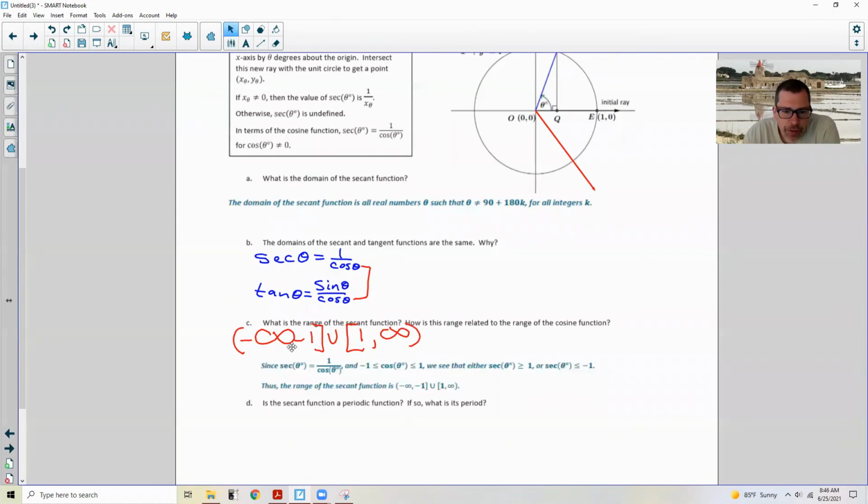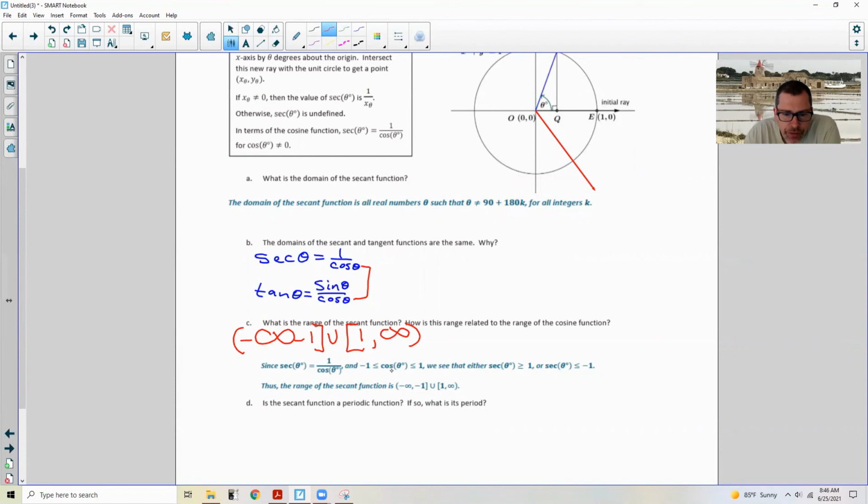Okay, I don't think I was really clear on my description there, so I brought this in. Since secant theta is 1 over cosine theta, and the cosine of theta is between -1 and 1 in the unit circle, if cosine theta is a half, and you take its reciprocal, secant would be 2.